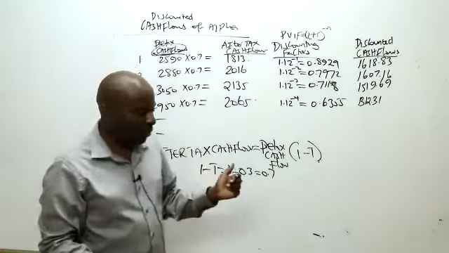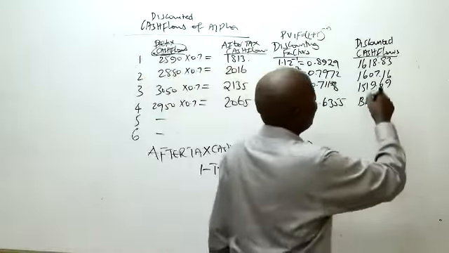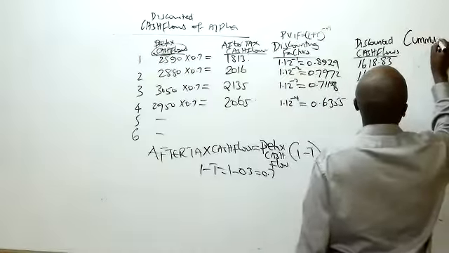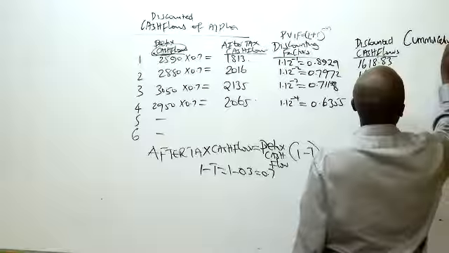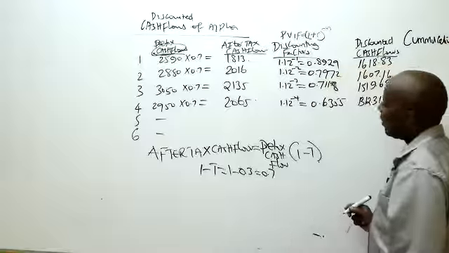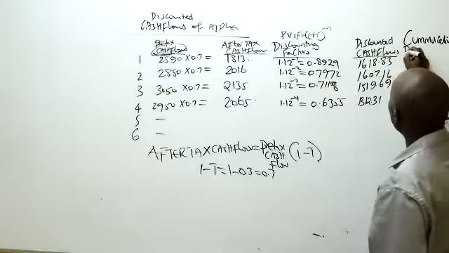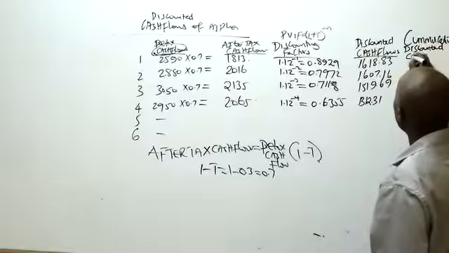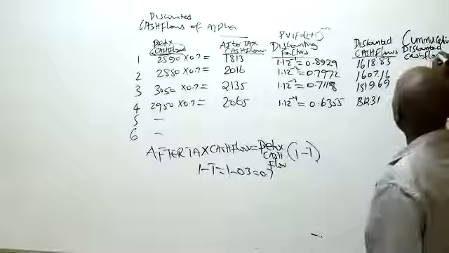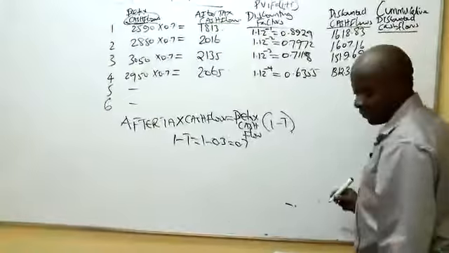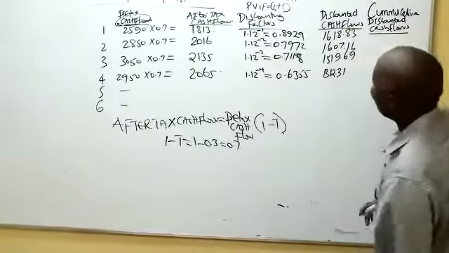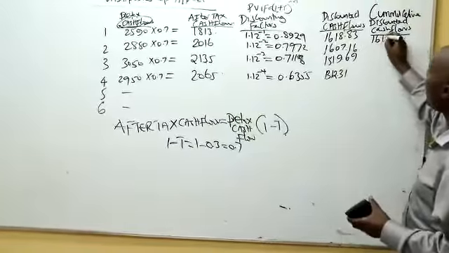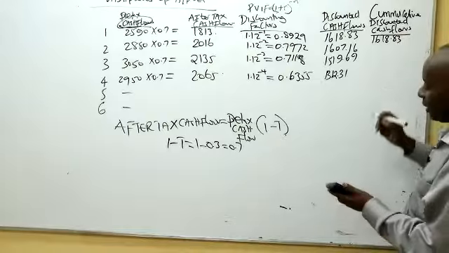Now the next thing that you're supposed to do here is to ascertain the cumulative discounted cash flows. So you're accumulating them downwards. We start with 1618.83.